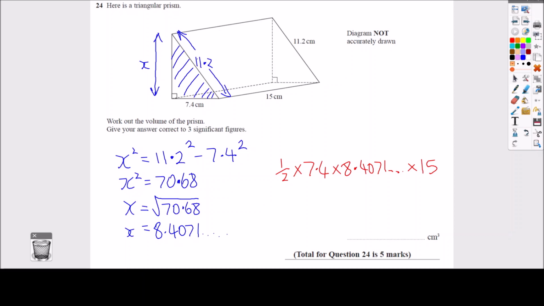So with 8.4071 still in my calculator, times 0.5 times 7.4, giving me the area of the triangle, and times 15, I get 466.596. So to three significant figures, remember that means 3 digits in total, that's going to be 467 centimeters cubed.